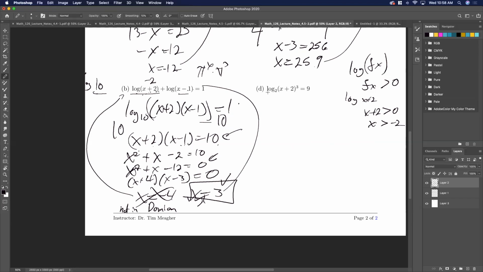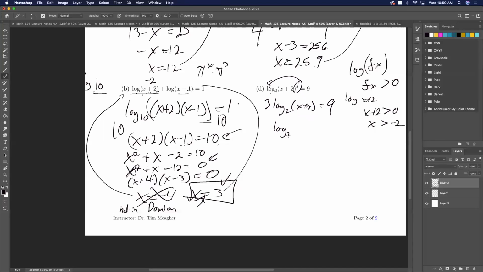All right. So let's do this one. Here, do I have the log isolated? Yeah. If I wanted to, I could raise both of these to the second power, and I can have x plus 2 to the third equals 2 to the ninth and solve this out. And it's a disaster. You can do it, but it's a disaster. What's easier to do at this point is, if I have a cubic here, I can just pull this out and say 3 log base 2 of x plus 2 is equal to 9.